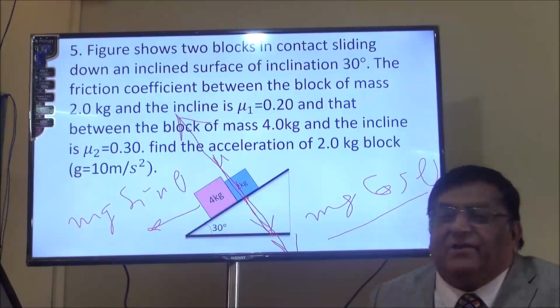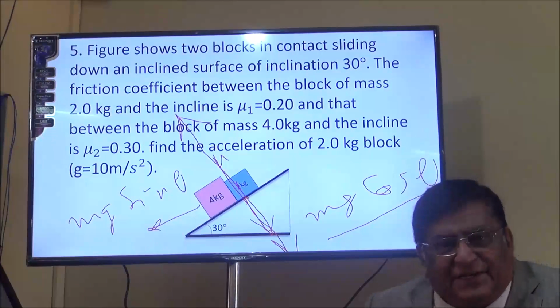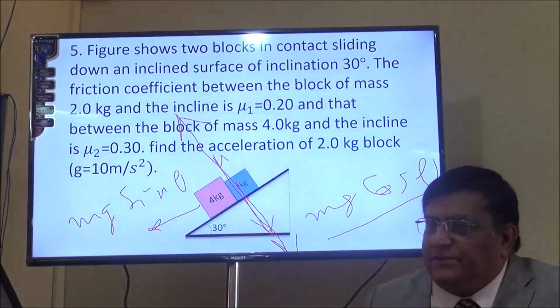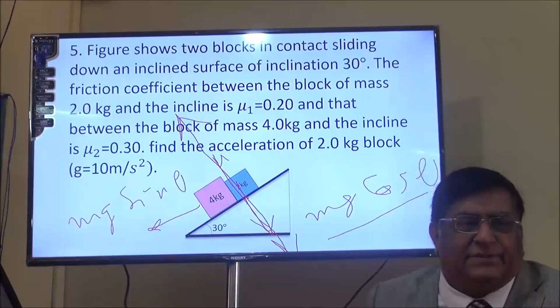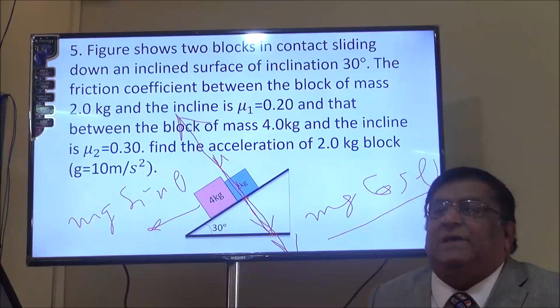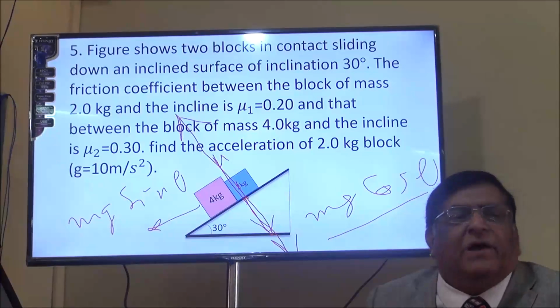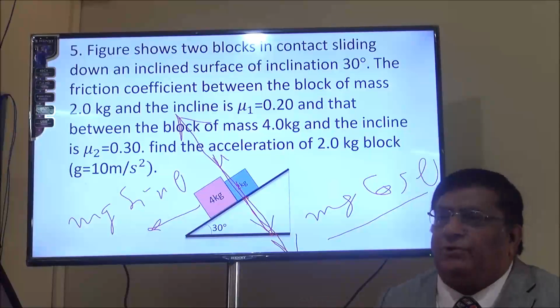Therefore, the value of reaction is mg cos theta. How much is theta? 30. So cos theta is known to us. Mg is also known to us. The only thing you have to take care of is that mu into R has to be done separately for both the blocks. Why? Because the mu is different for both.